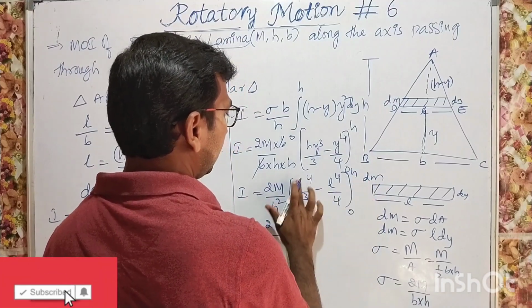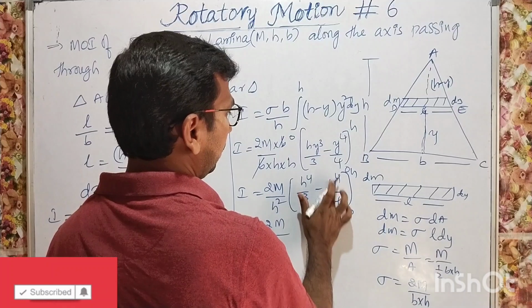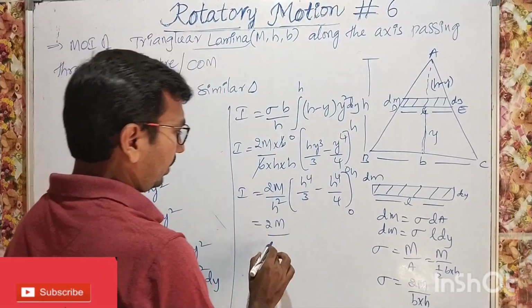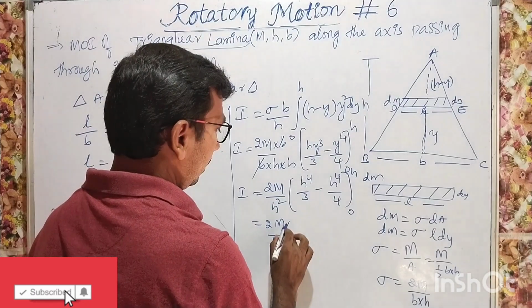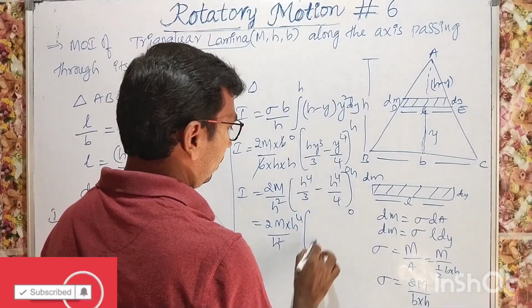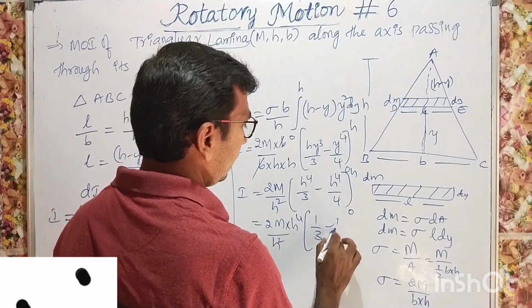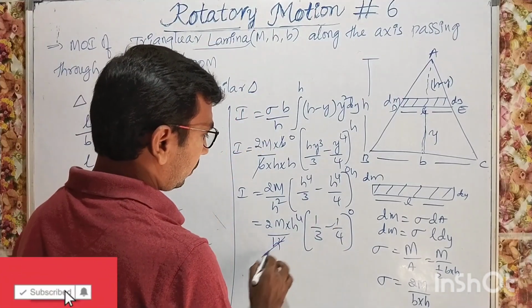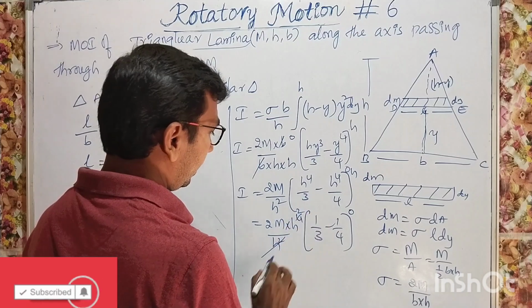H to the power of 4 is common, by h square into h to the power of 4, 1 by 3 minus 1 by 4. So h square cancels, and here 2 remains.